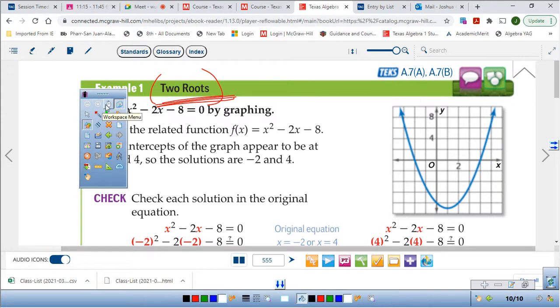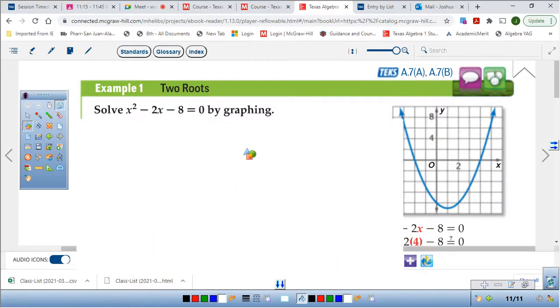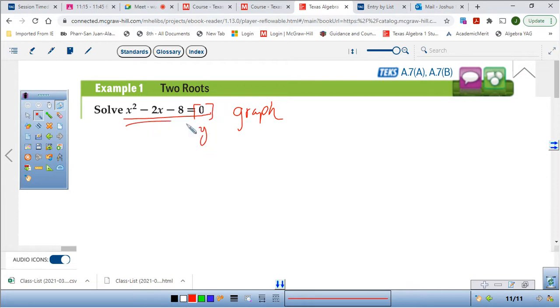On the STAR test, they will give you a question like this. They're going to say solve. That's it. They're going to say solve that. And you need to identify that once you see this, oh, I should be graphing. This is your y. You should be graphing that already.